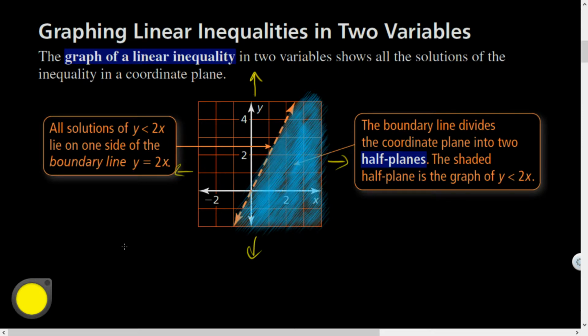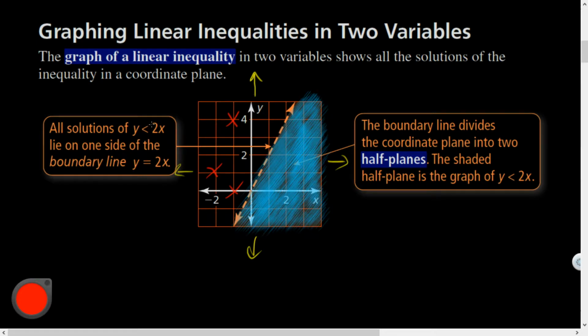Now, question, if I was talking about y is less than 2x, that means that any of the points on this line are not solutions. Actually, let me even label it this way. All right, points that are not in the shaded region, I think you guys would agree this is not a solution. Not a solution, not a solution, right? Those aren't in the shaded region.